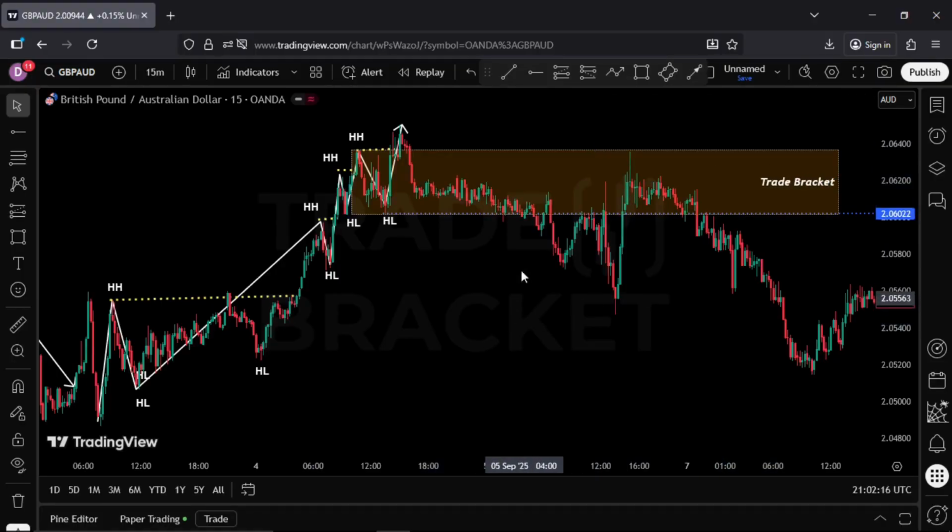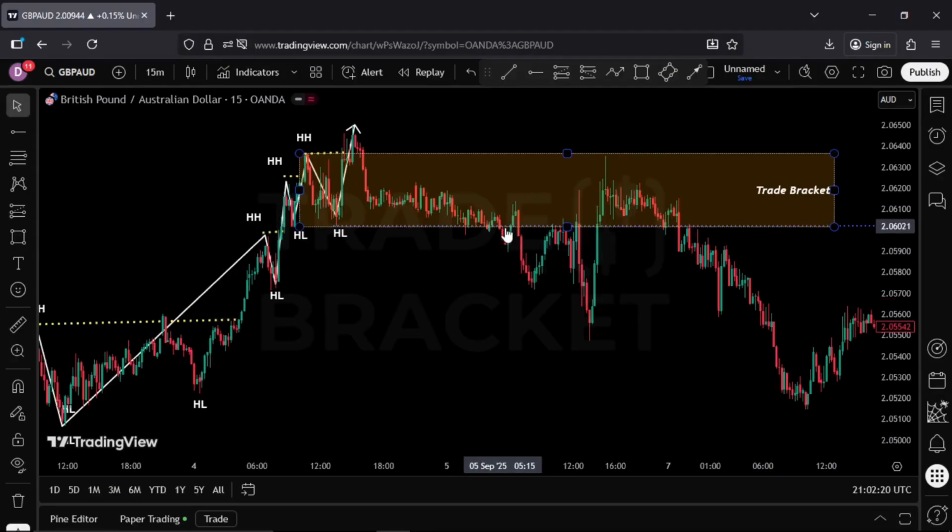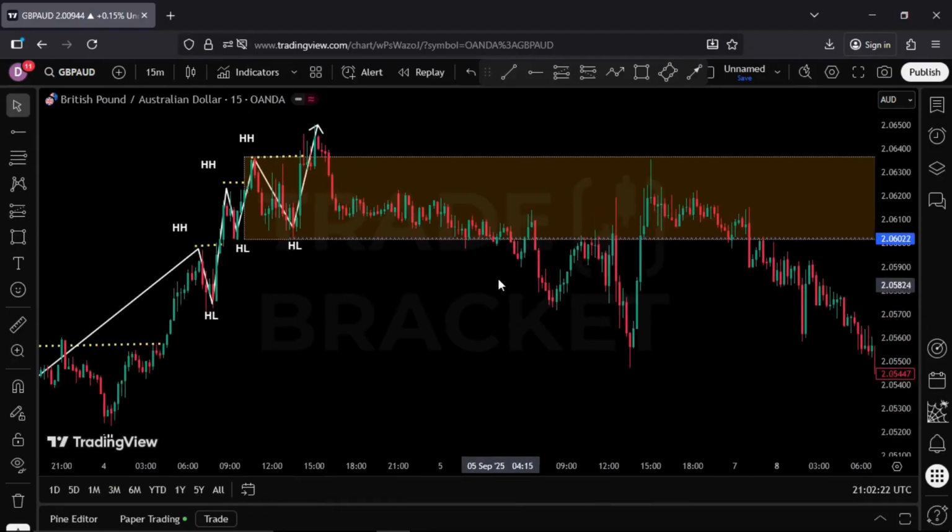Now we got a break from right here. Let me zoom back in. Right here is where we got the break. We could draw the trade bracket from the last higher low to be created. This was an uptrend, it's different for a downtrend.